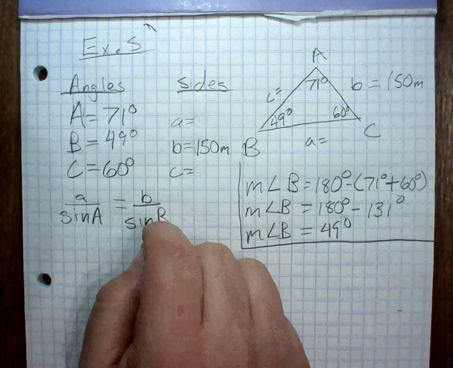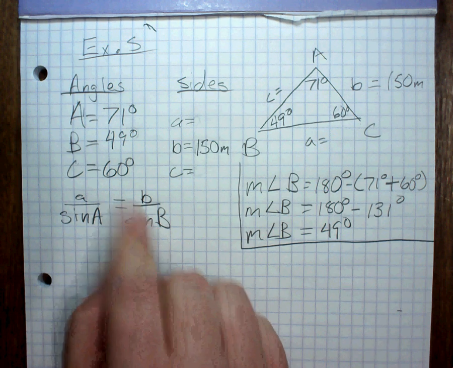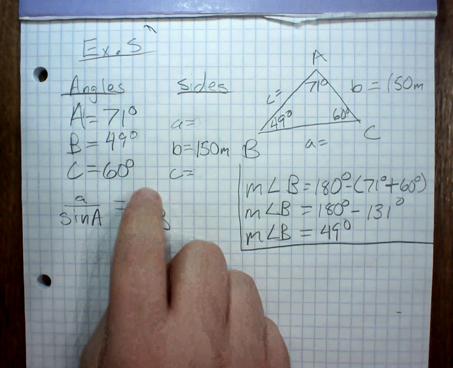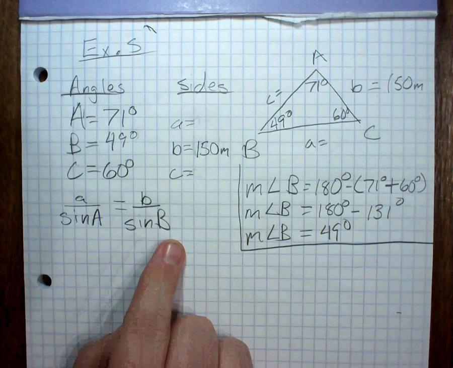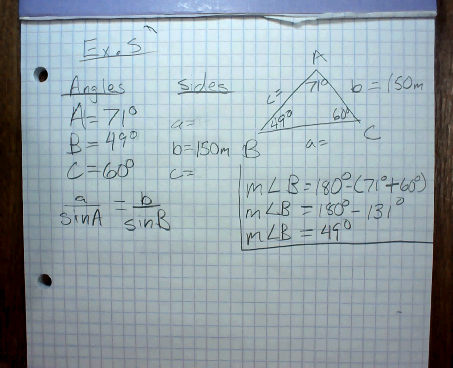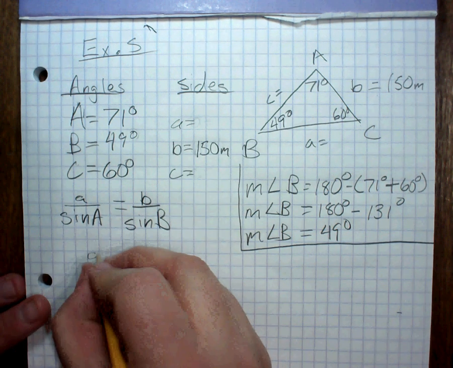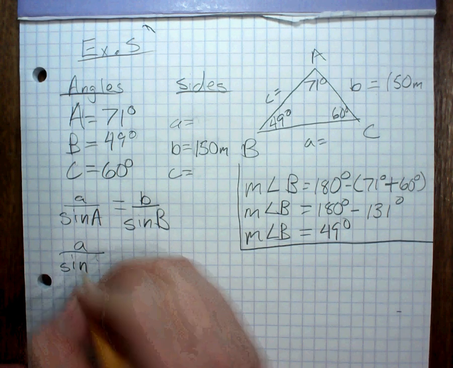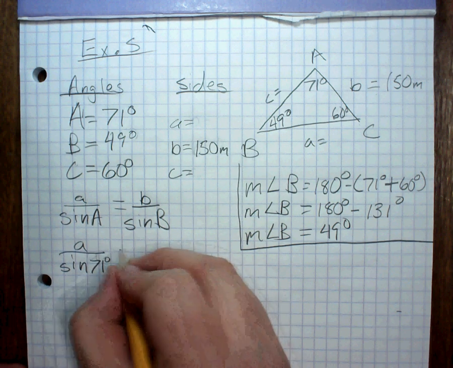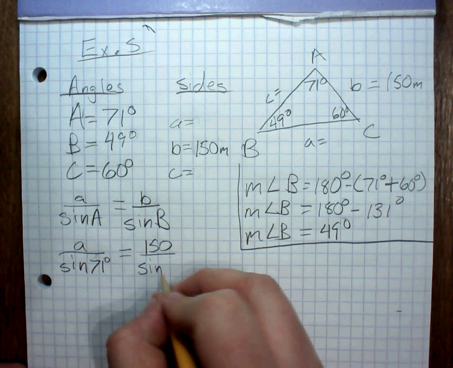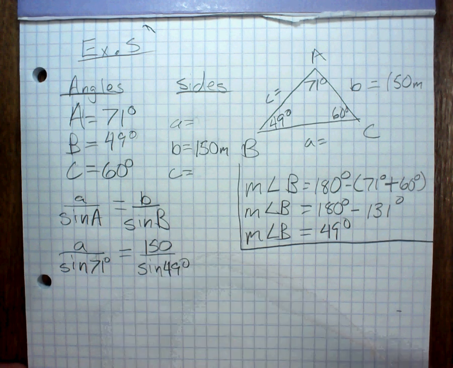If you pick c over capital C, it's okay, because then you realize you don't have the value of lowercase c, so you just change this to lowercase b over sine of capital B. Sometimes you'll make a mistake. Just don't give up. So in this next line I get a over sine of 71 degrees is equal to 150 meters over sine of 49 degrees.